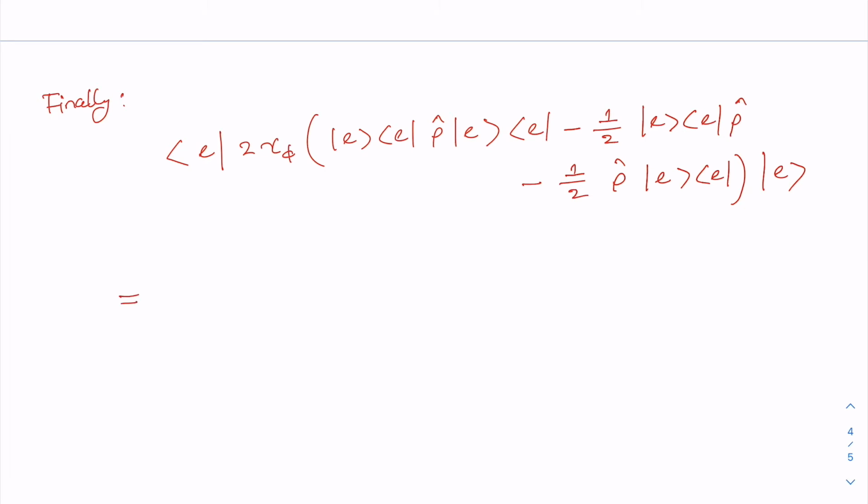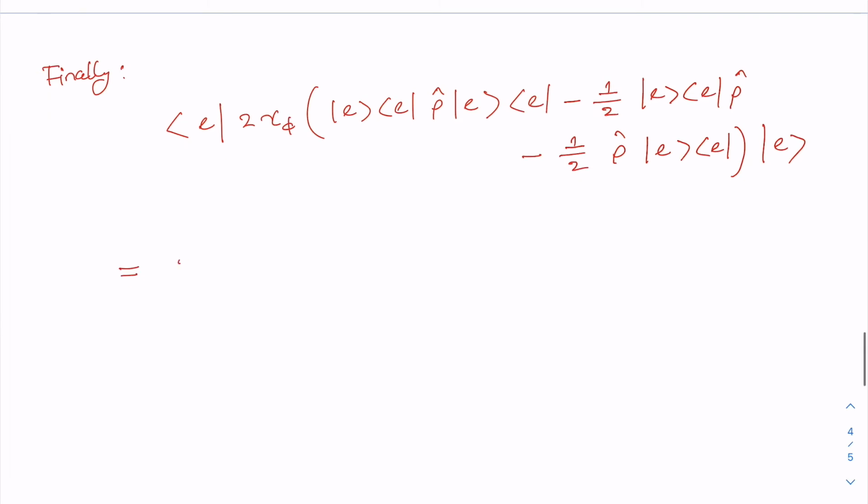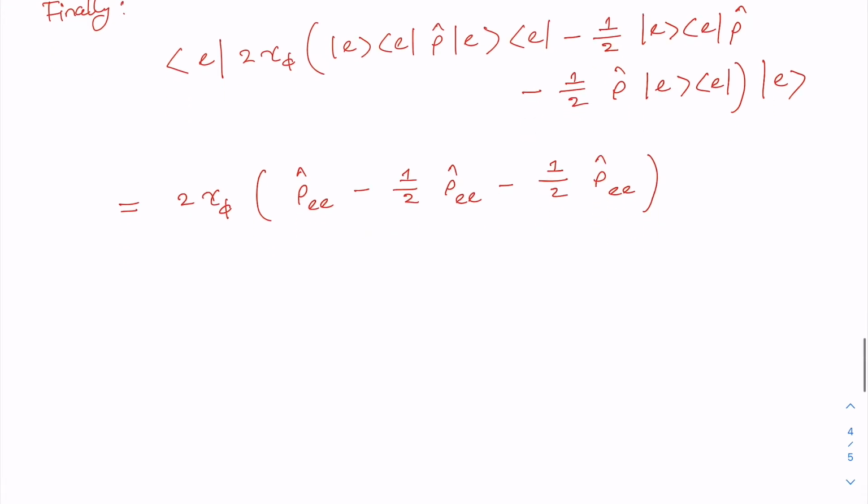So if you do it, you can immediately see that you are going to get twice gamma phi, and here the first term will give you rho E, the second term will give half rho E, and the third one is going to give half rho E. So you have 2 gamma phi rho E minus rho E, so the contribution from this term would be 0.